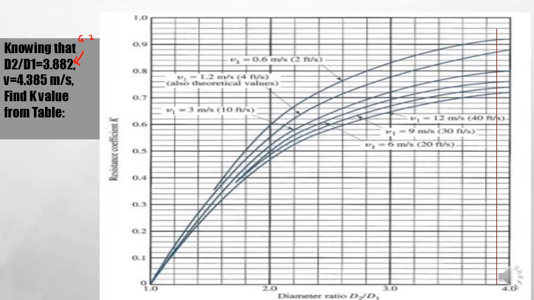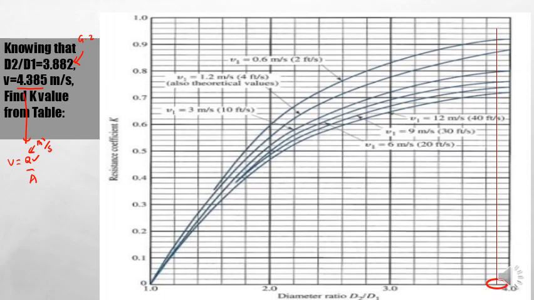And V I can calculate using V equals Q over A. Q is given as 100 liter per minute, but it should first be changed into meter cube per second so that I can use it. After I get these two pieces of information, I can use the graph.